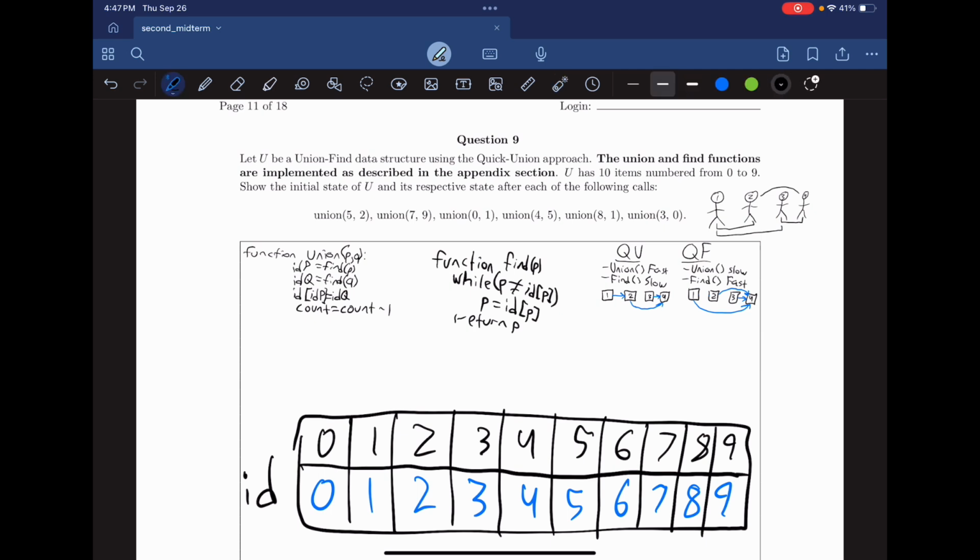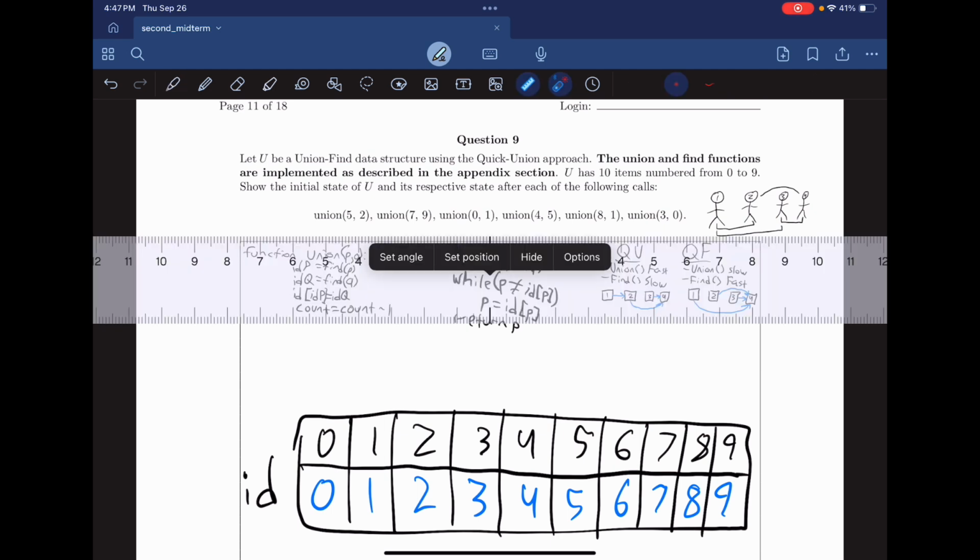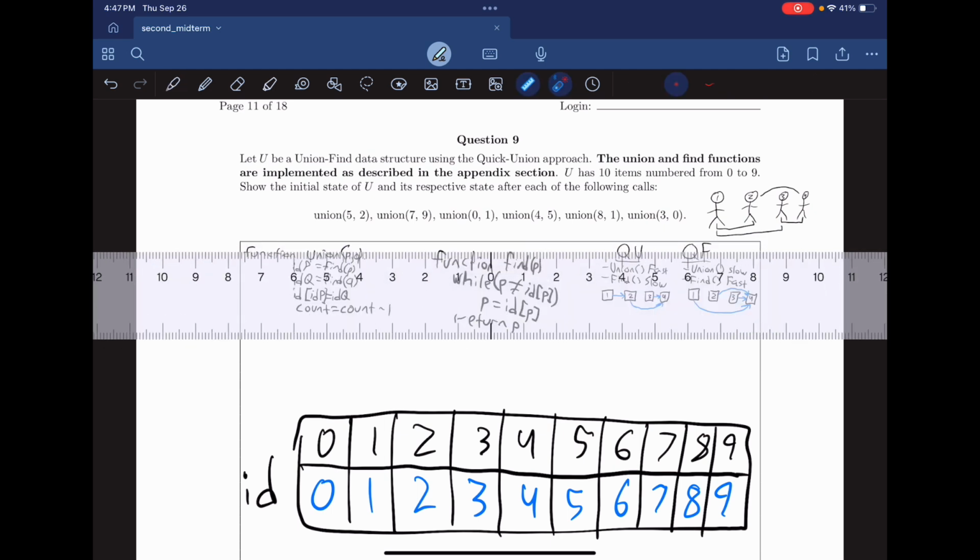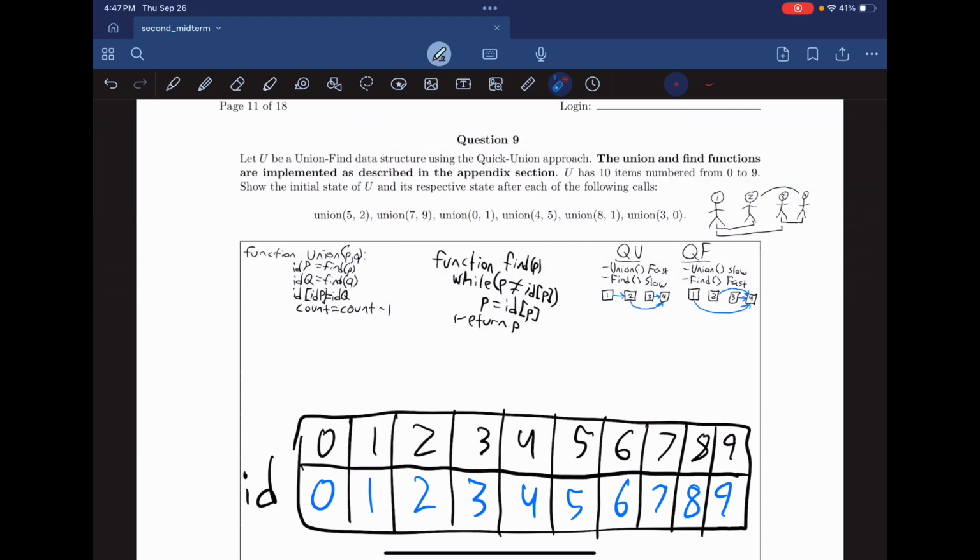So here, we're doing find of 5. We want to look at the array at index 5. Is the value at 5 equal to the index? Yes, 5 is equal to 5.